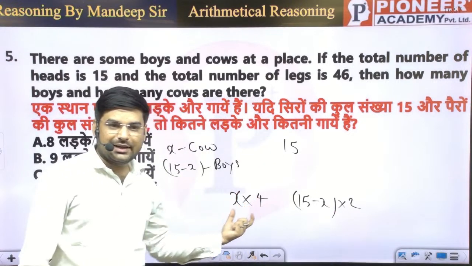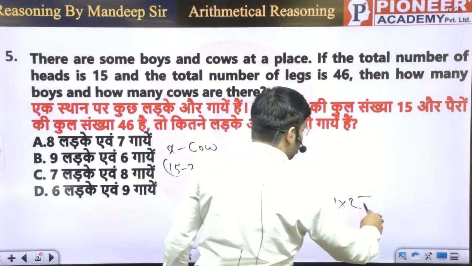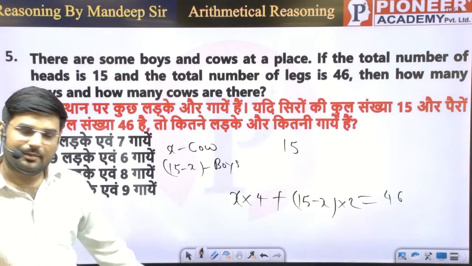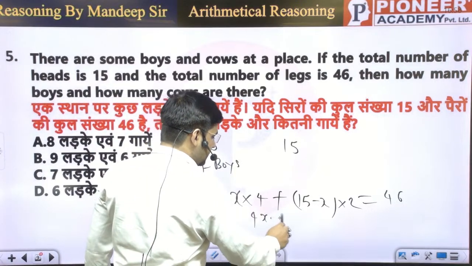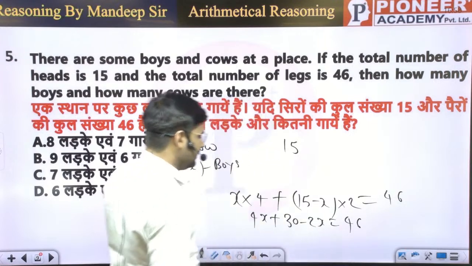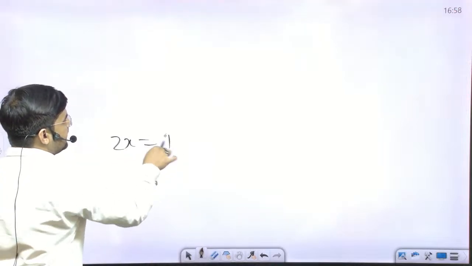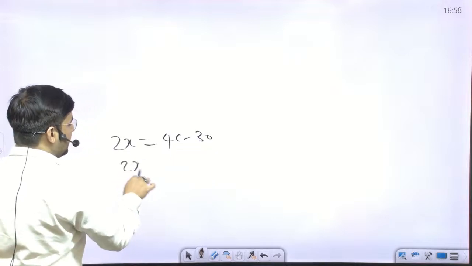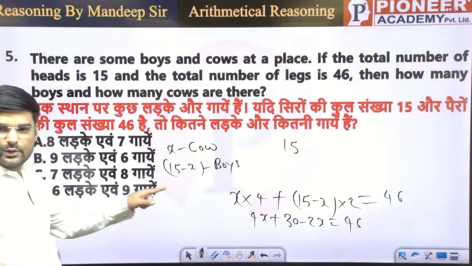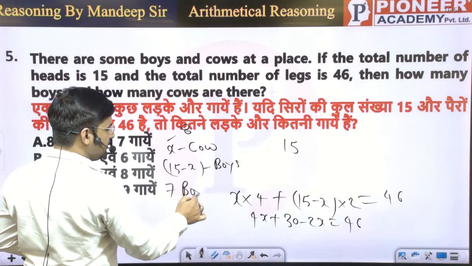The total legs of the cows and the total legs of the boys we have to add, and we get 46 legs. Please solve: 4x plus 30 minus 2x equal to 46. 4x minus 2x is 2x, and 46 minus 30 is 16, so 2x equal to 16, x equal to 8. There are 8 cows, and 15 minus 8, 7 boys.